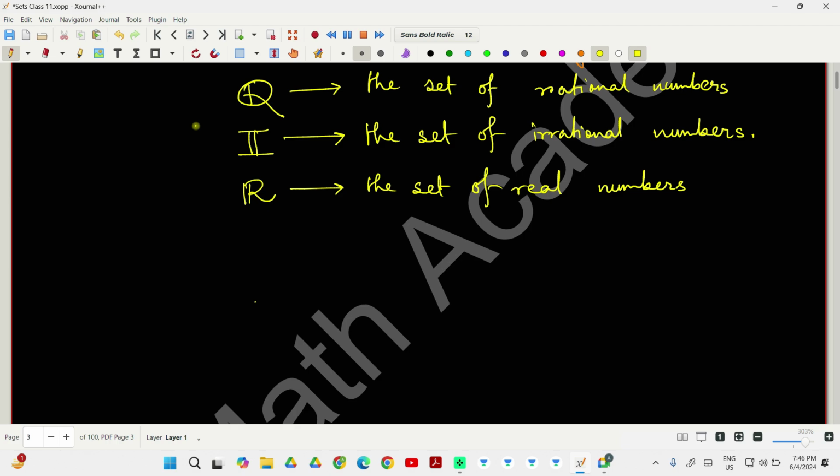After some time we will study subsets and see that each later one is a superset of the previous one, or the previous one is a subset of the later one. And after that there is also another number system, the set of complex numbers.